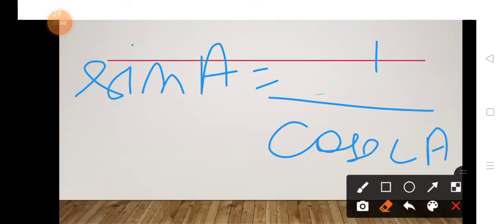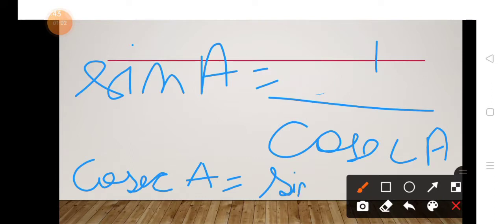We know this. Now can I write cosec, अब मैले यसरी लेख्दा हुन्छ त, cosec of A चाहिँ equal to sine of A को inverse. Can I write like this? Yes, I can write like this. यसरी लेख्दा हुन्छ.